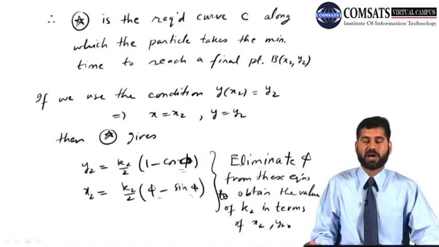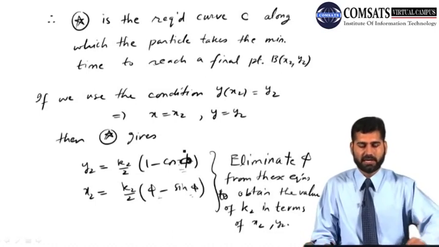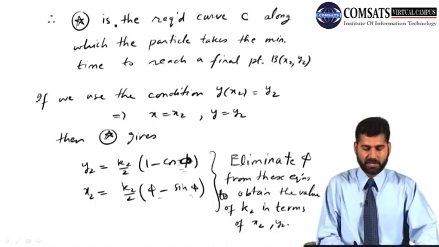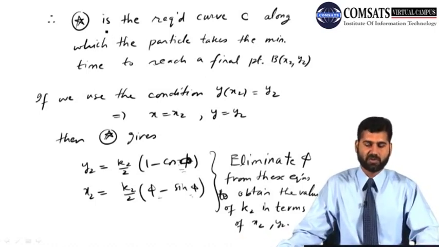Of course in terms of x2, y2, because the specific values of x2 and y2 are not given to us. So if I solve this for k2 and eliminate phi from here, I will obtain only x2, y2. If x2 and y2 are fixed, you can do it easily.